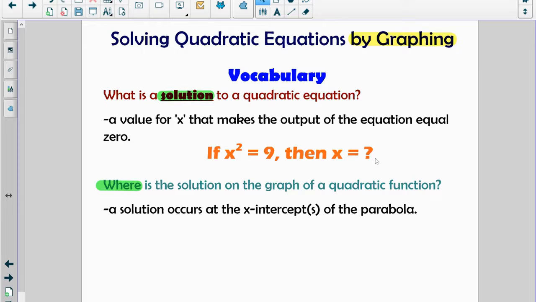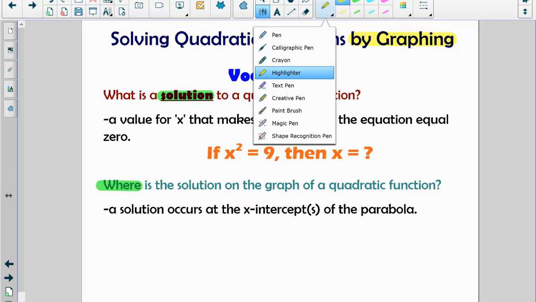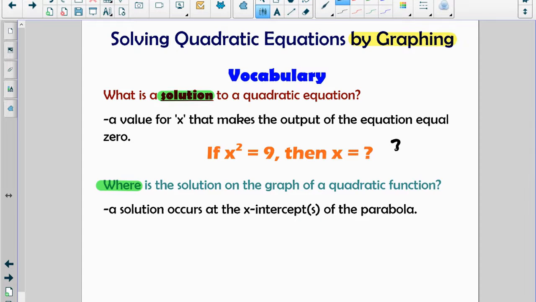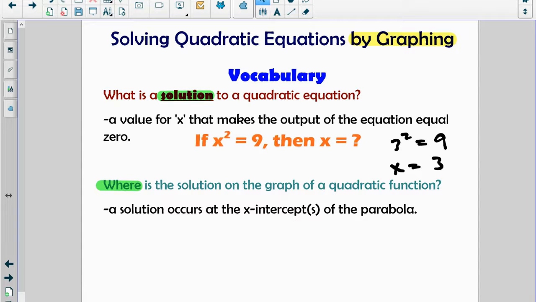Well, most of you probably right away looked at that and said, well, I know that 3 times 3 is 9, so x can equal 3, right? Yeah, I guess 3 squared is 9, so that would work. Since 3 squared equals 9, x could equal 3, but are there any other possible solutions to this equation?